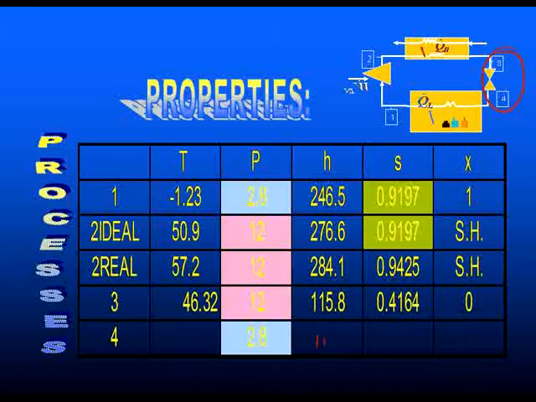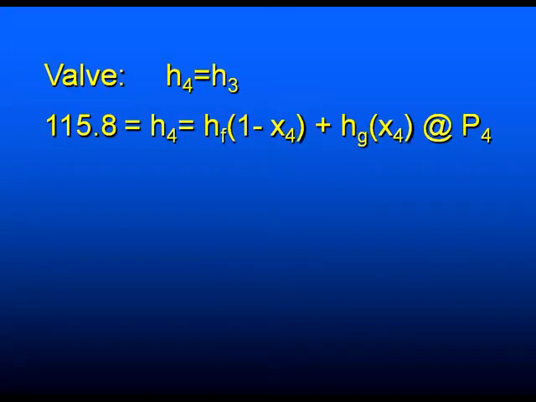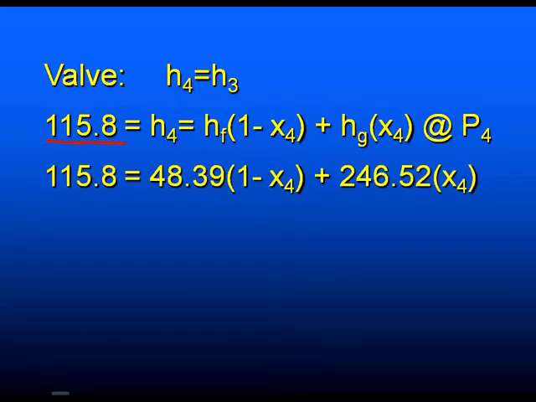So H3 equals H4, and that's 115.8. You can either use a chart to find this, which is not very precise but faster, or you can use the tables and solve for quality, which I've done here to give you a precise answer, and find that the quality leaving the valve was 0.34, 34% vapor.